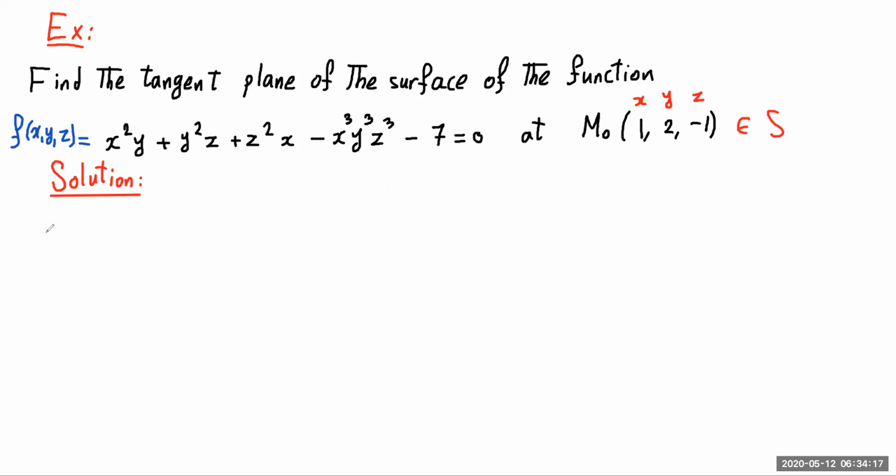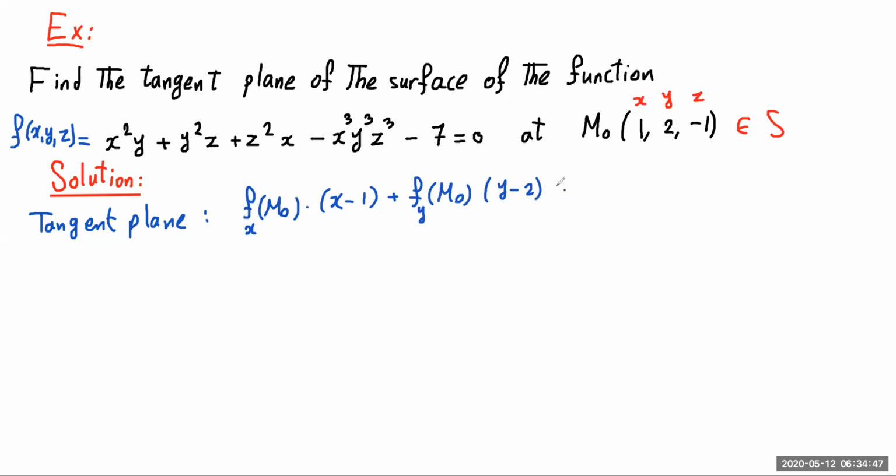So the equation of the tangent plane will be the partial derivative of f with respect to x at M0, which is a real number, times x minus 1, plus the partial derivative of f with respect to y at the point M0 times y minus 2, plus the partial derivative of f with respect to z at M0 times z minus 1, plus 1 equal 0. Let's calculate what f_x is.